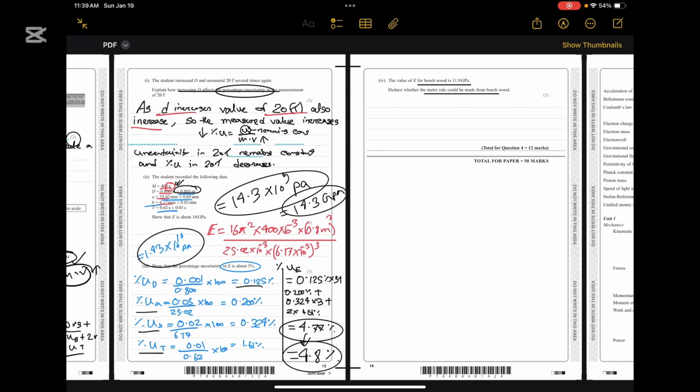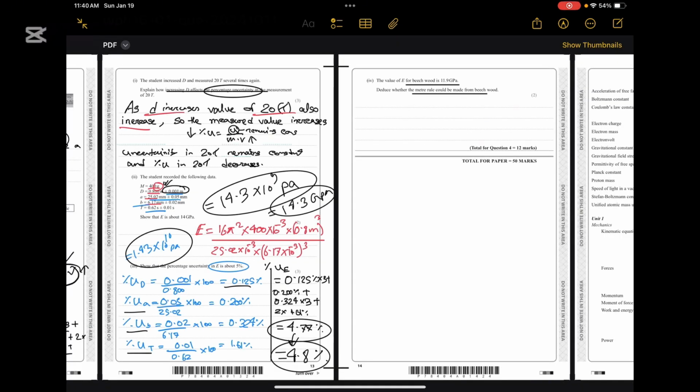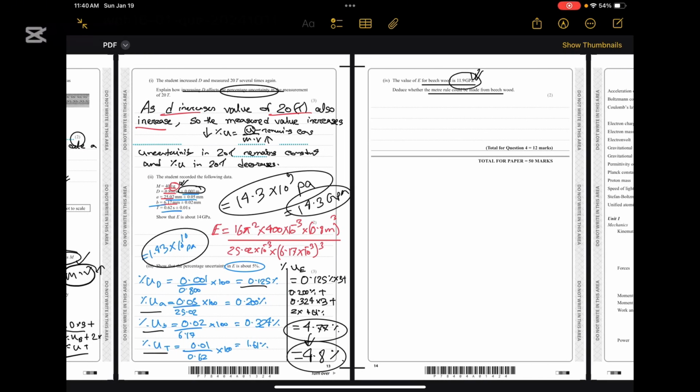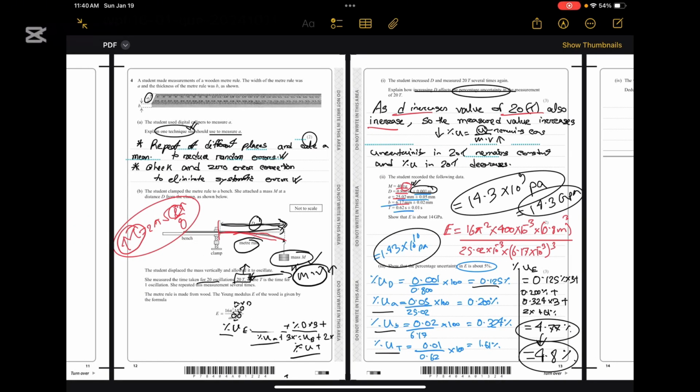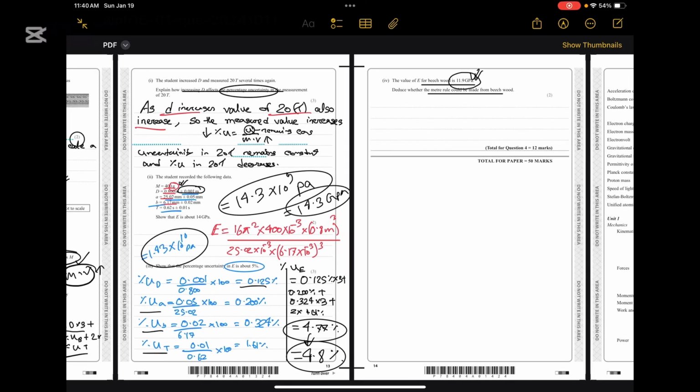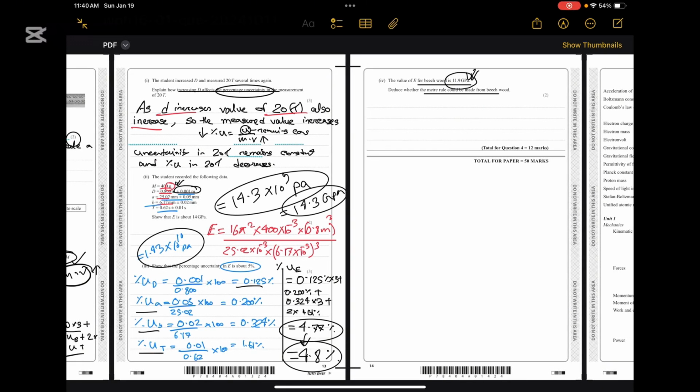So we know that this is 11.9 GPa for beech wood, and this 14.3 GPa was for another material of wood. They have asked: the value of E for beech wood is this, deduce whether the material could be beech wood.